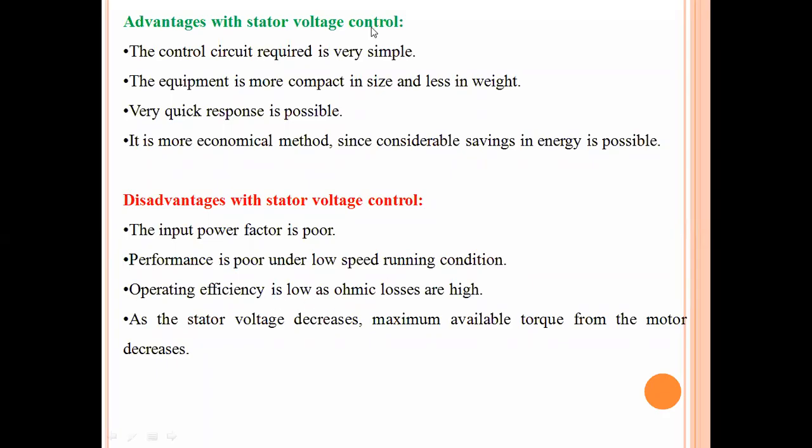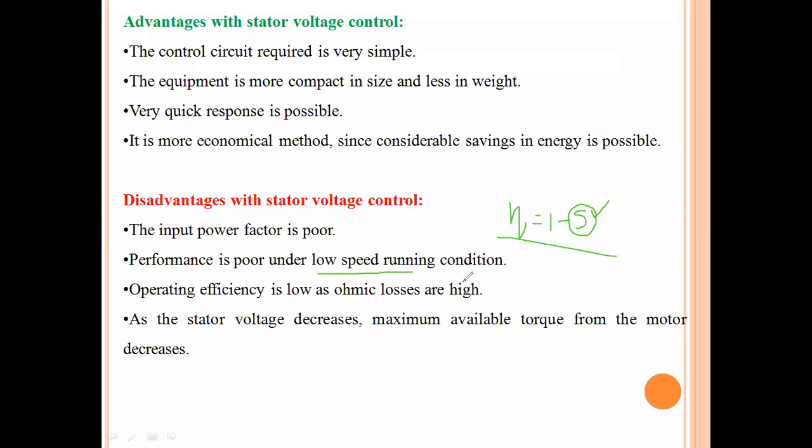And in the slip and efficiency relation, we have seen that efficiency is 1 minus slip. If slip is high, then efficiency is poor. So that is the major disadvantage. Very low speed conditions are not suitable, because the slip is very high.